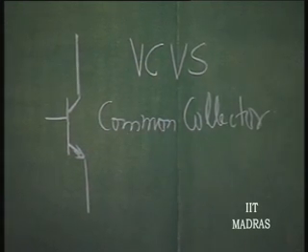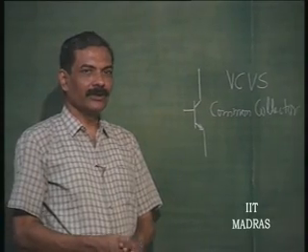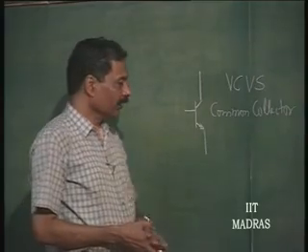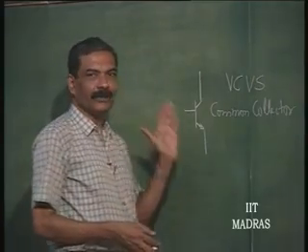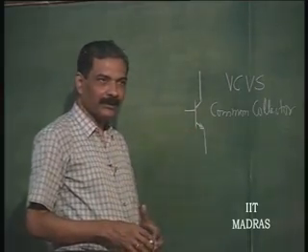Since our load is going to be, I said, maybe a speaker or something like that, the load is going to be of the order of few ohms. We do not want our previous stage to be straight away loaded by these few ohms. So, we put a buffer stage here.